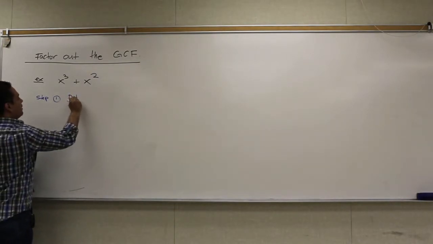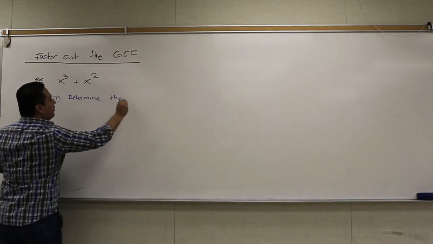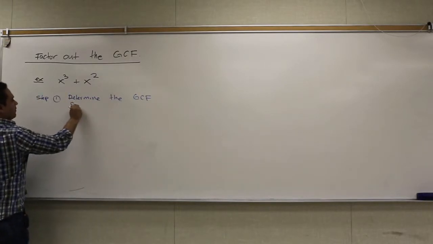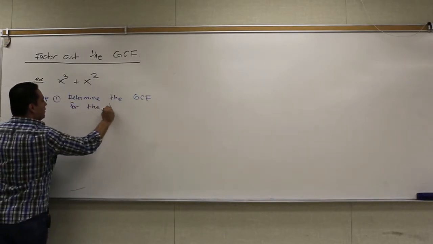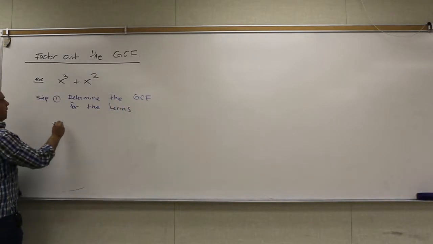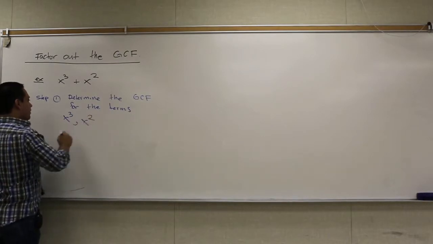You're going to determine the greatest common factor for the terms. And in this example, your terms are both what? X cubed and X squared.